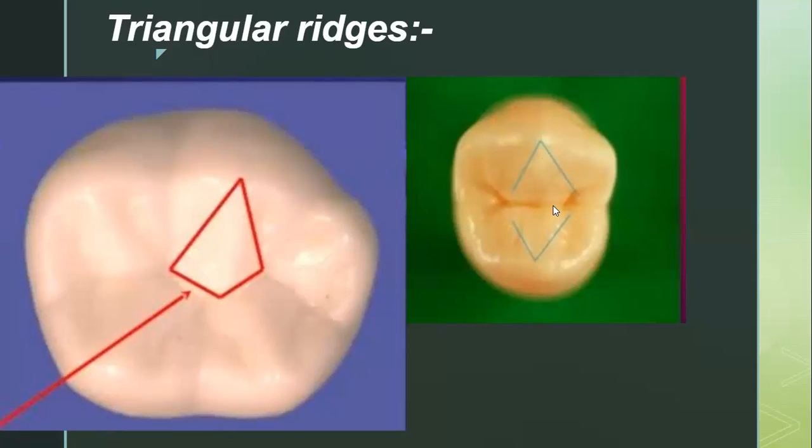So it would be forming a kind of triangle from the tip of the cusp to the occlusal surface, having slopes on each side, making a triangular structure. So that's why it is termed as triangular ridges.